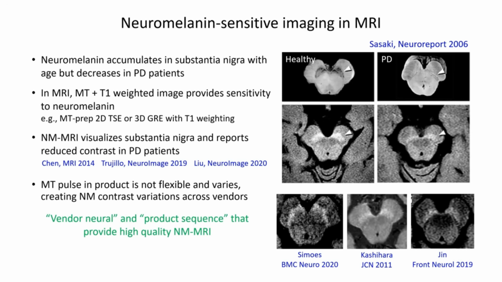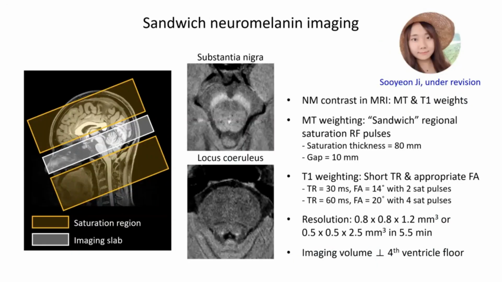And our suggestion is having regional saturation RF pulses, both superior and inferior to the imaging volume, so that we can have these incidental MT effects from these off-resonance excitation pulses, if you say it that way. And that's what we call sandwich neuromelanin imaging, as our saturation bands are a sandwich of this imaging slab that we are targeting for.